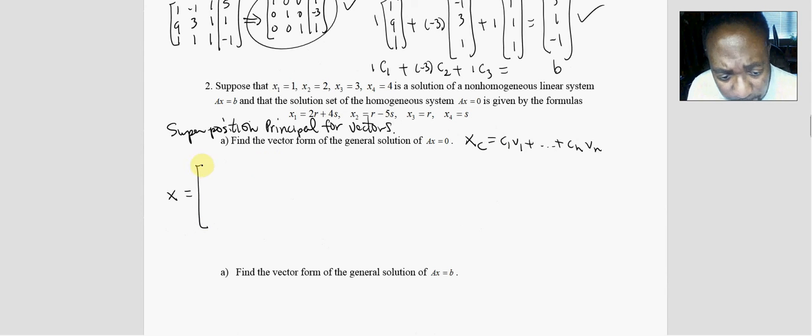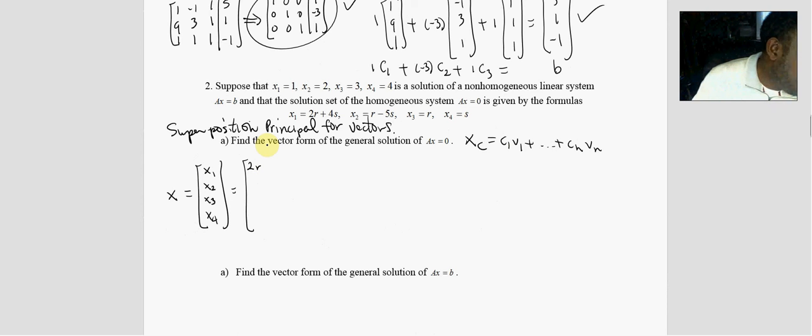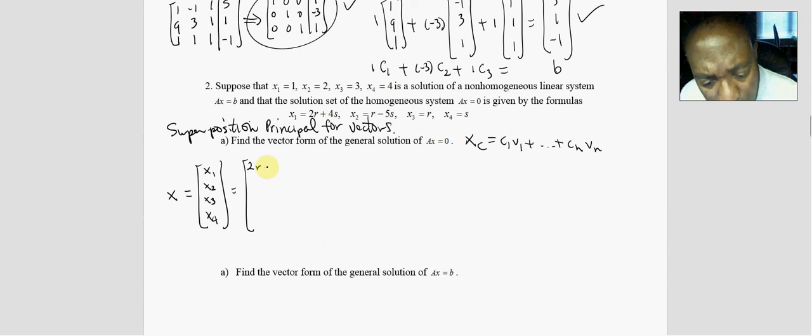Well, we have 4 variables, x sub 1, x sub 2, x sub 3, x sub 4. Now, x sub 1 is said to be 2r plus 4s. x sub 2 is r minus 5s. x sub 3 is r. x sub 4 is s.